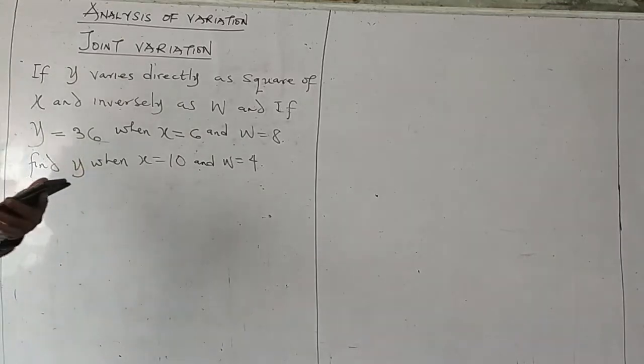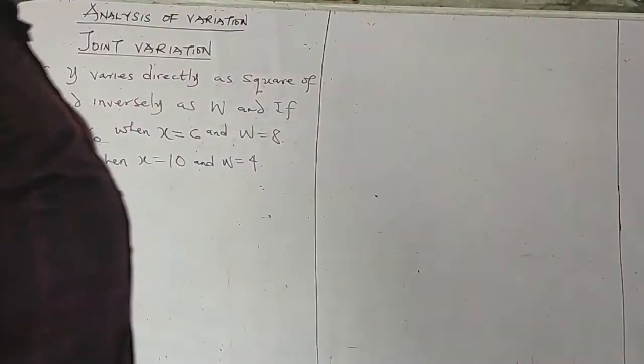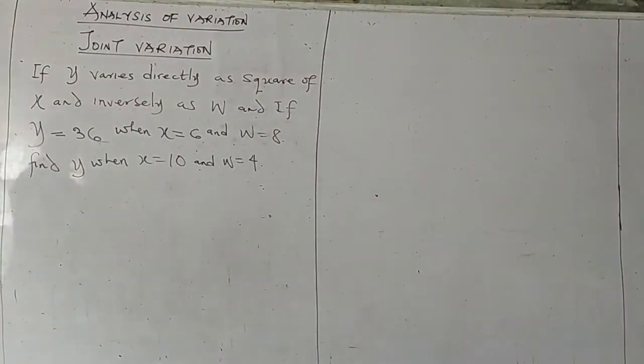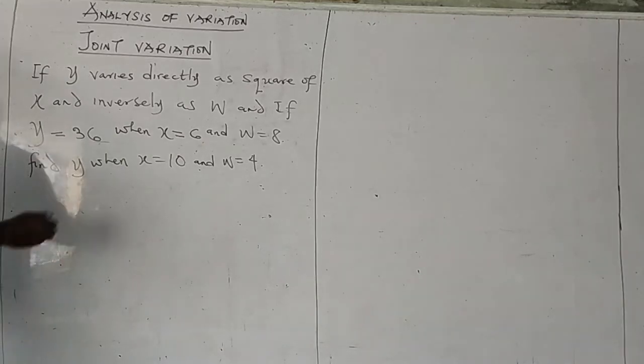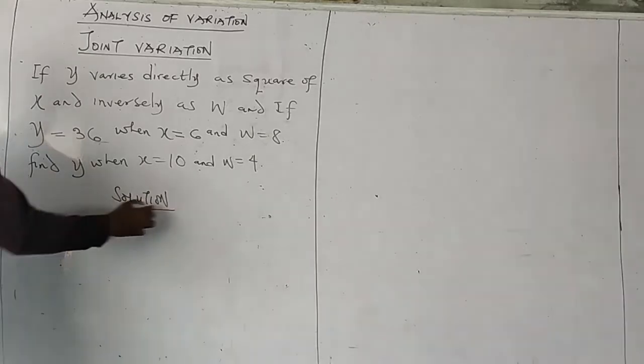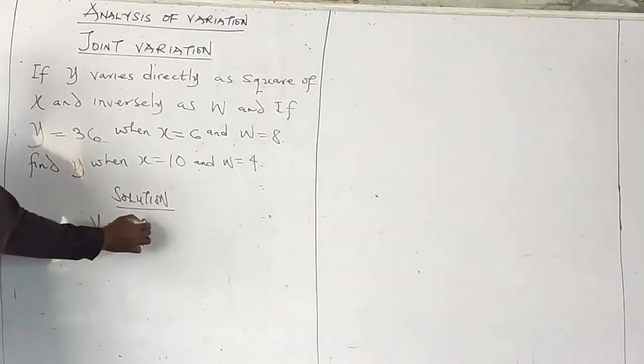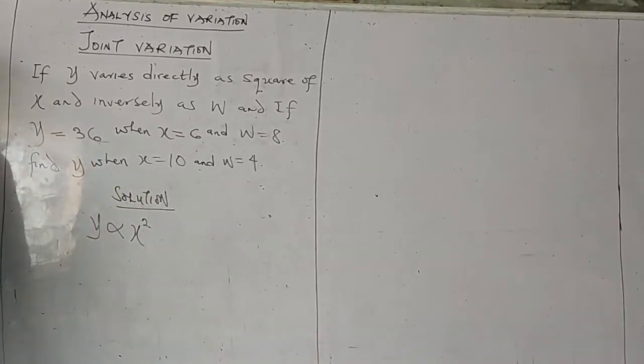Now let's do this together. Or can you try this? Since you are not even writing now. So, if y varies directly as square of x, now solution. So y varies directly as square of x. It didn't say square root, it says square. So you have to be careful.